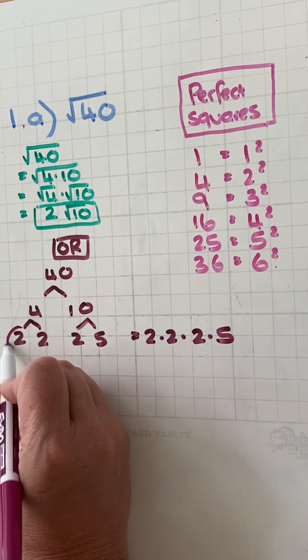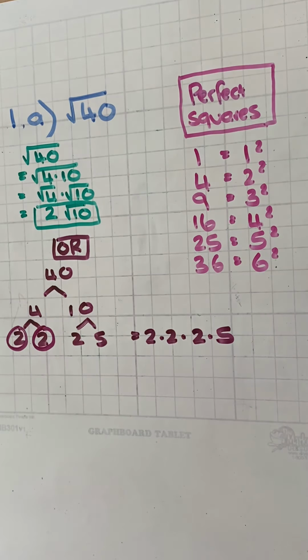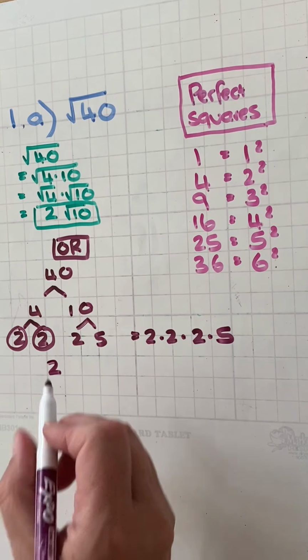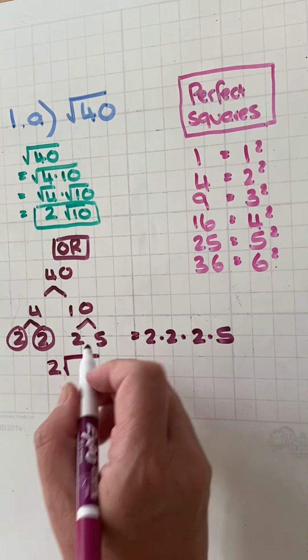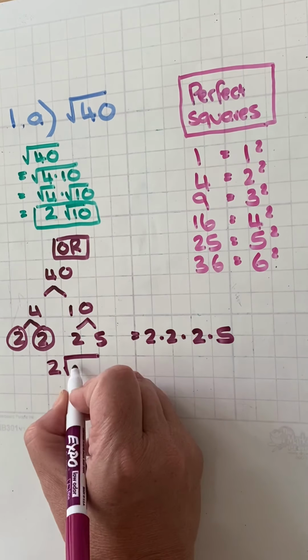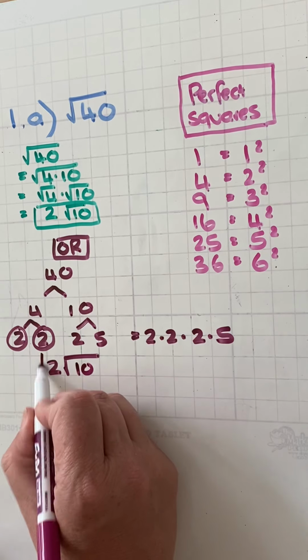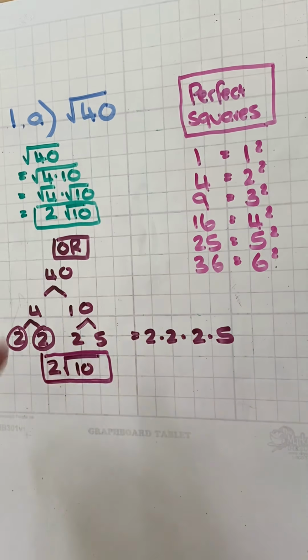So anytime you have a factor pair, and I like to circle them, that tells me I can pull that 2 out from underneath the square root sign. I don't have any other factor pairs, so whatever is left that is not part of a pair is going to stay underneath the square root sign, and I'm going to multiply those together. 2 times 5 is 10. You'll see that it gives us the same answer as what we had up here.